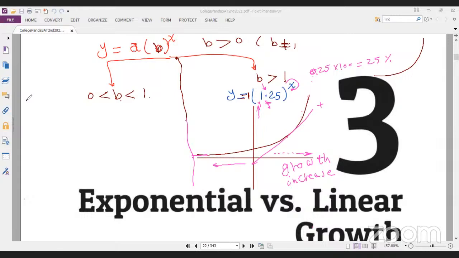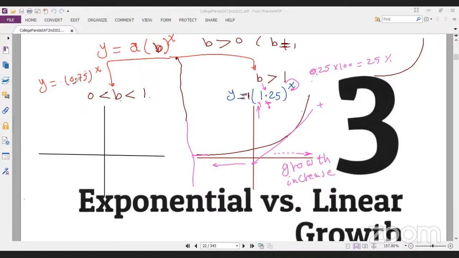How come? Let's draw it. Like this here. I will write a numerical example, y equal, whatever the value of a, just write it as 1 here. We are caring about 0.75 to the power x.